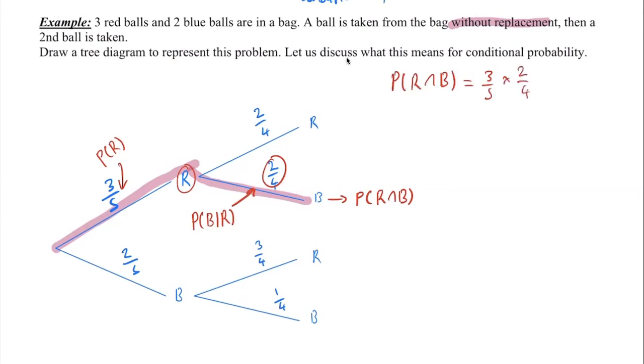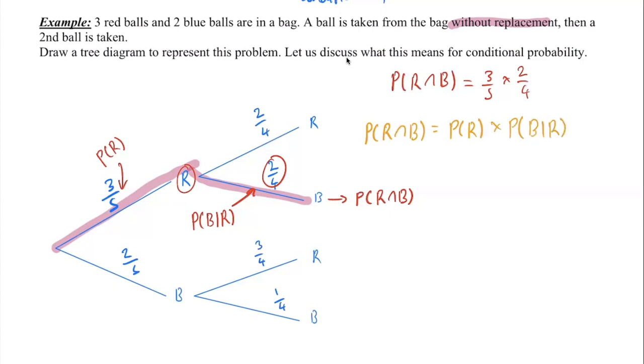But let's change the notation a little bit and write this more formally. Let's do this in orange. We could also write this as the probability of red and blue is equal to the probability of our red, our initial sample of red, multiplied by our probability of our blue.